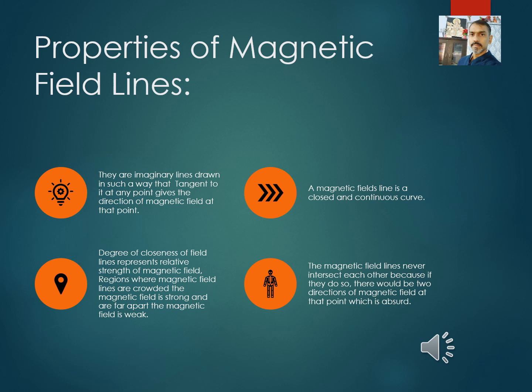Degree of closeness of field lines represents relative strength of magnetic field. Magnetic field lines are crowded near the poles, where the magnetic field is strong. But they are far apart near the middle of the magnet, and far from the magnet, where the magnetic field is weak. The magnetic field lines never intersect each other, because if they do so, there would be two directions of magnetic field at that point, which is not possible.